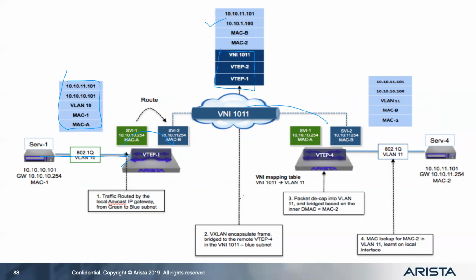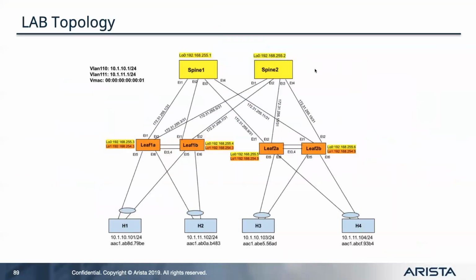It is received here, decapsulated, the headers are removed, and the packet is forwarded to server 4. This is step by step what processing happens at each stage. So that's all about VXLAN asymmetric routing.